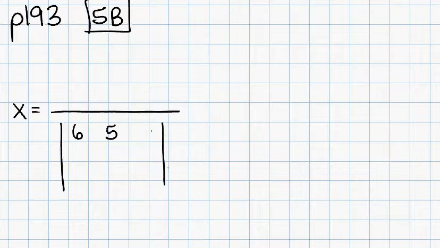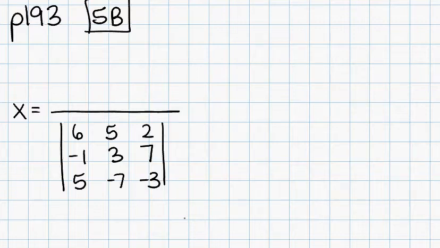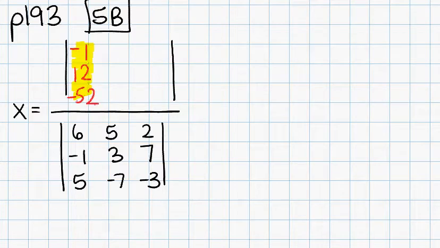6, 5, 2, -1, 3, 7, 5, -7, -3. Since we're looking for x in this problem, the x column, the first column, this column over here on the left, x's column, gets the answers: -1, 12, -52.